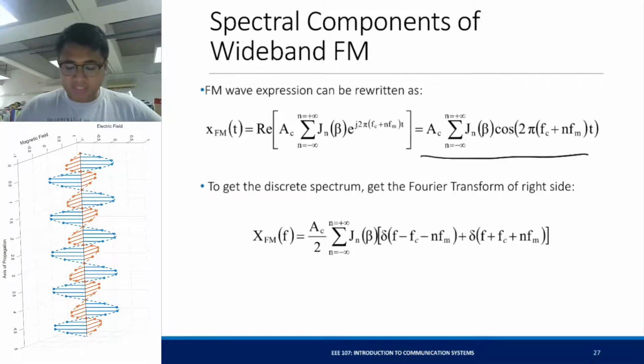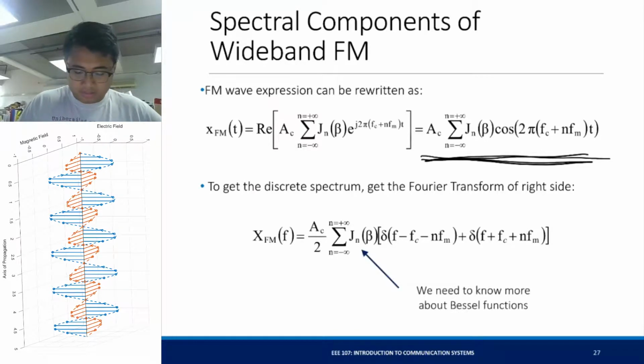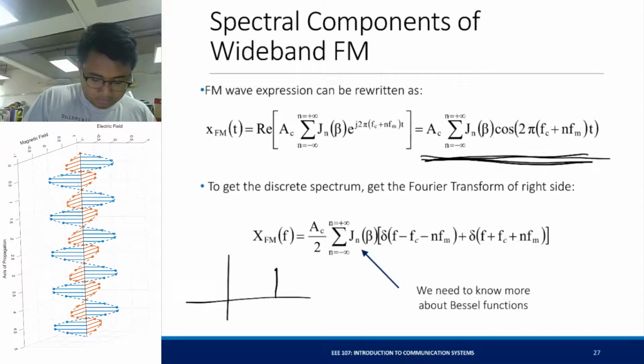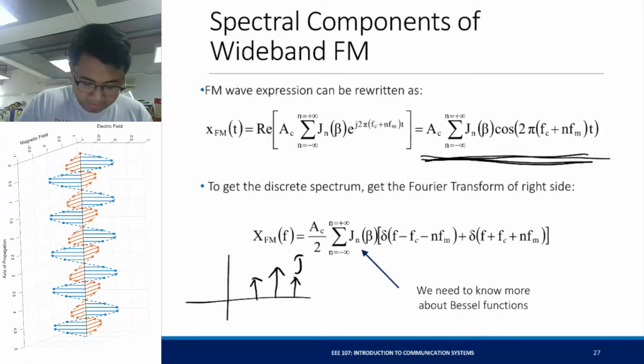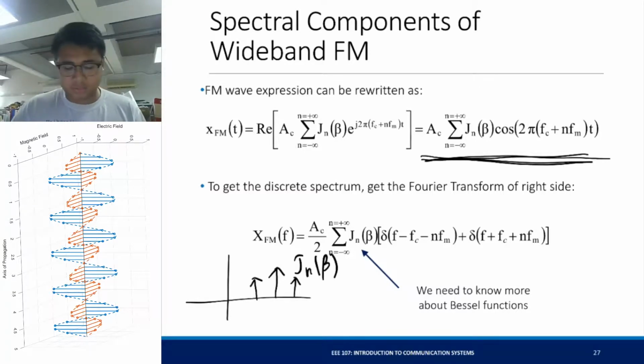And to get the discrete spectrum, we just apply the Fourier transform of this signal right here, and you will see that the height of the different impulse functions will be defined by the Bessel function.